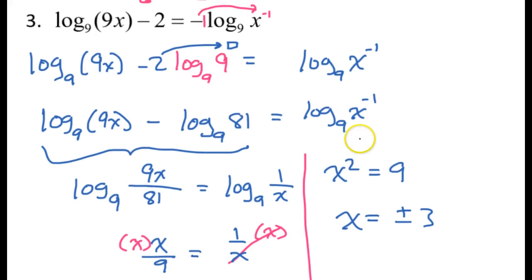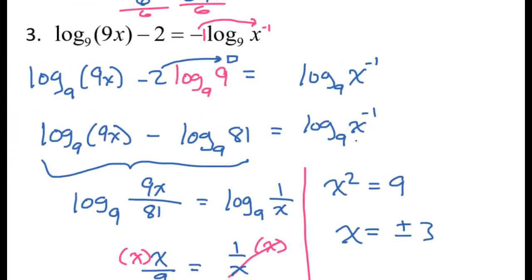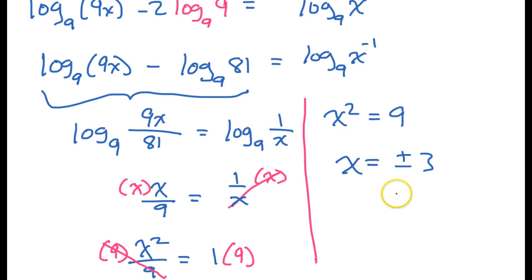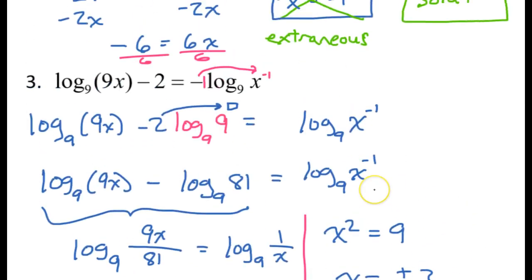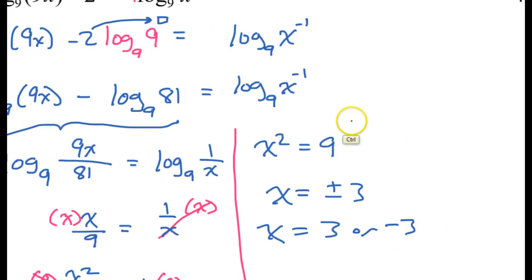Okay, now we need to look back and watch out for extraneous solutions, because understand that this means x is equal to 3 or negative 3. But you cannot take the log of a negative number. So negative 3 is not a valid answer. It is extraneous.